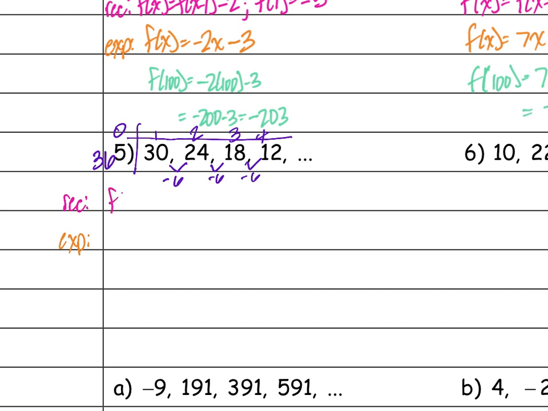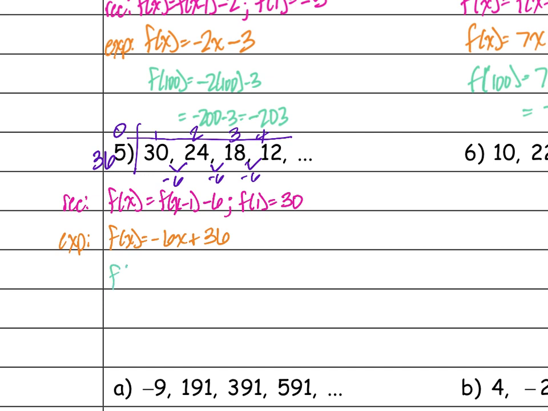So I've got my recursive equation and my explicit equation. To get my next term, I take my previous term, f of x minus 1, and I add or subtract my common difference. So I'm subtracting 6 this time. And my starting point is f of 1 equals 30. And then my explicit equation is going to be f of x equals negative 6x plus 36.